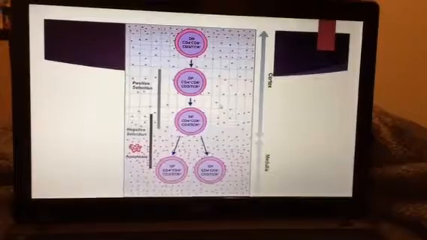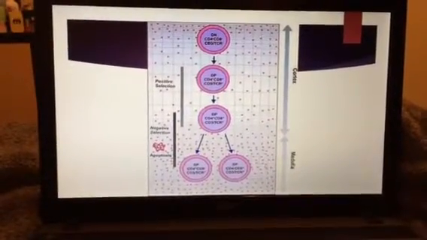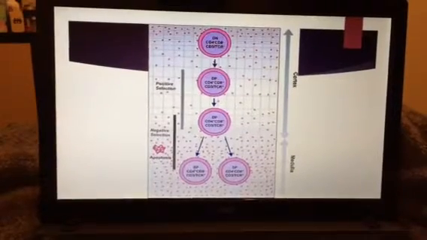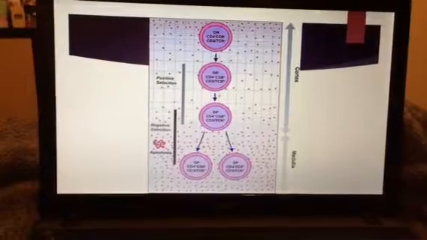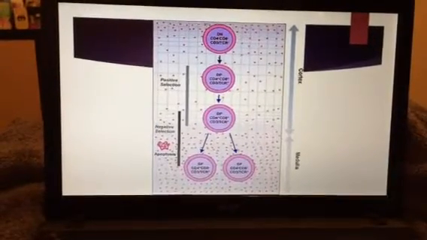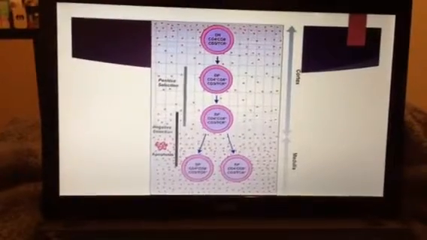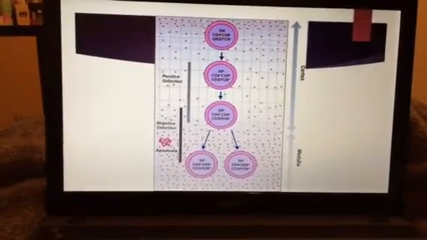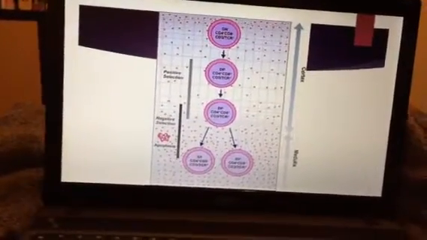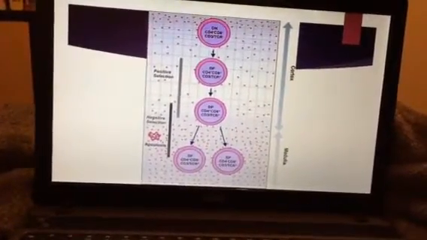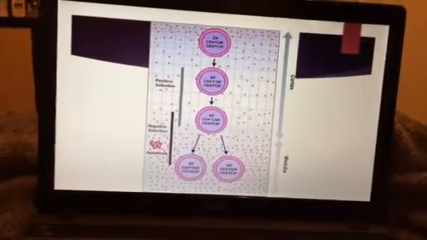The interacting cells can produce CD4s and they can produce CD8s, and this is based on the type of MHC they interact with. It depends on which MHC they are able to interact with.